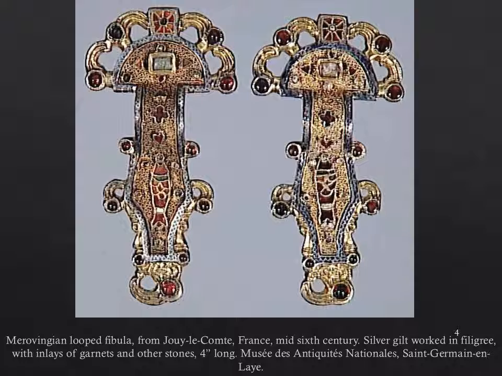These two fibulae are only about 4 inches long, so there's an incredible amount of detail and craftsmanship packed into these small objects. But these objects would have been made for somebody of a very high status or class, perhaps even a chief or king of one of these smaller ethnic groups.